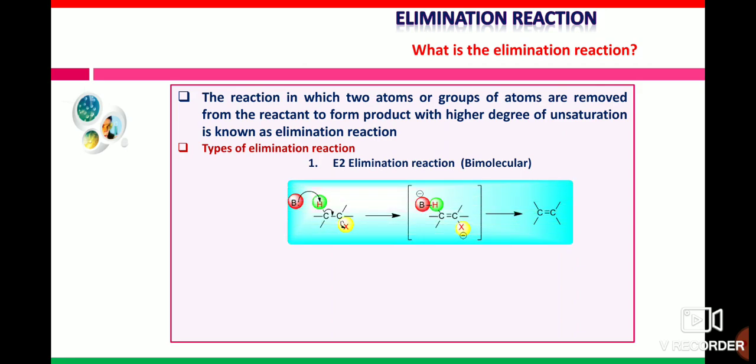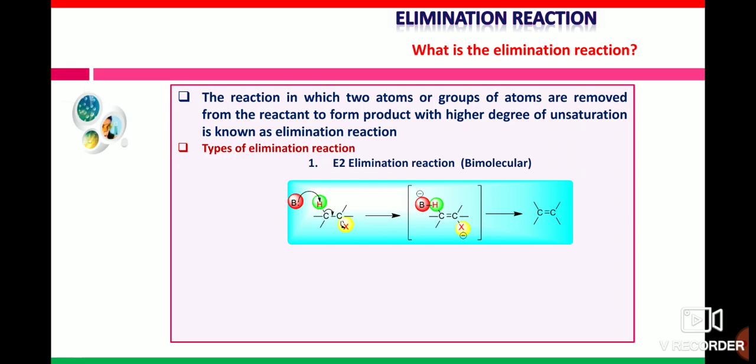Consider the first mechanism, E2 mechanism, and this reaction is known as E2 elimination reaction. It is a bimolecular reaction. In E2 mechanism, the bond between beta carbon and hydrogen breaks at the same time.